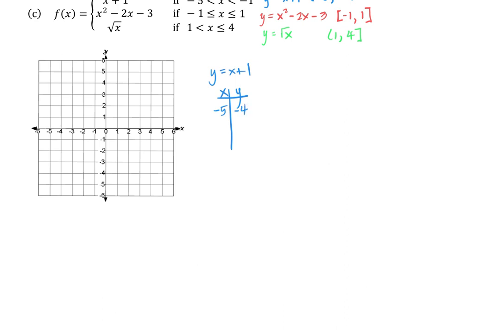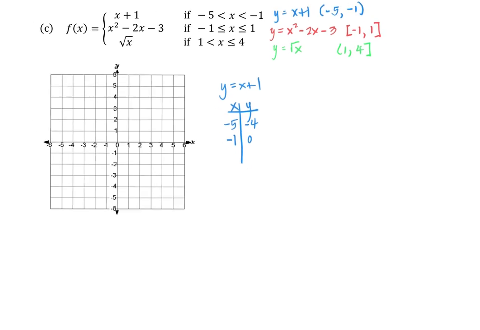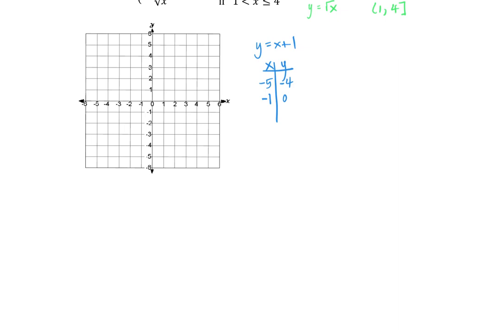And then we're ending off this interval at -1. If I put in -1, I get 0. So -5, -4, again, that would be a parenthesis, so it would indicate an open circle. And then at -1, 0, that's an open circle as well.